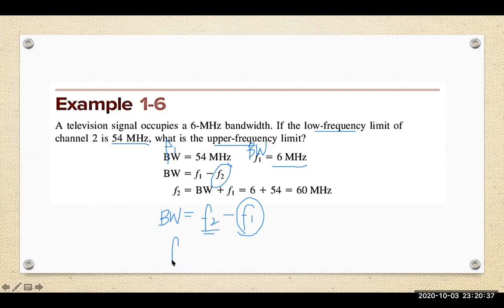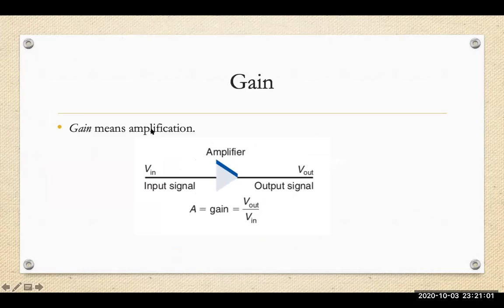So f sub 2 is equal to the bandwidth plus the lower frequency limit. So 6 plus 54, we have 60 megahertz. So that is the upper frequency limit.